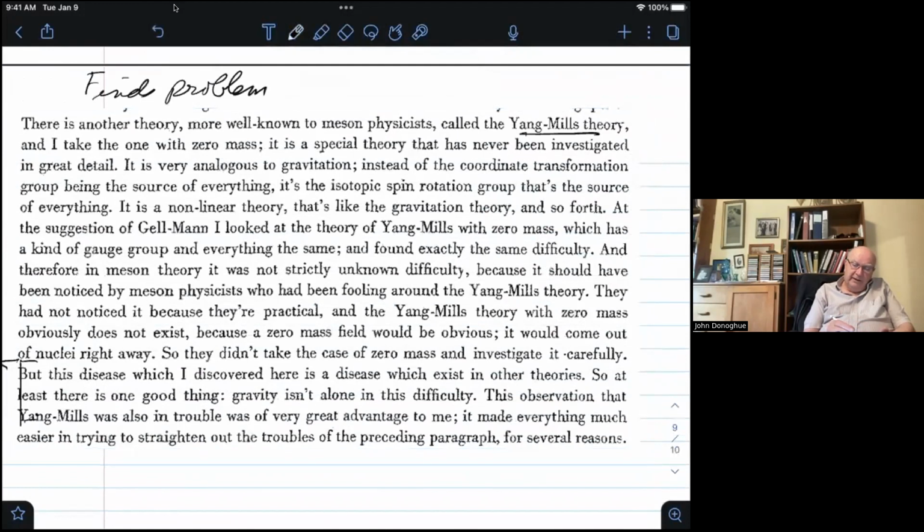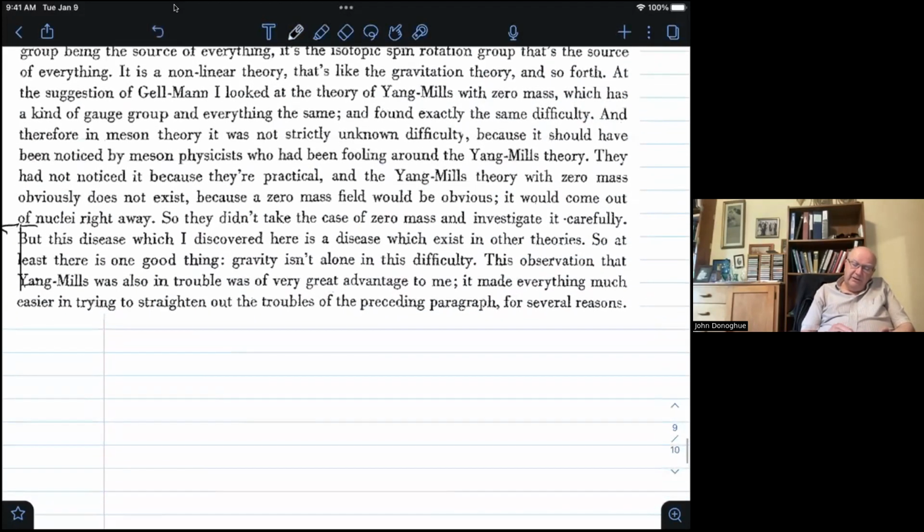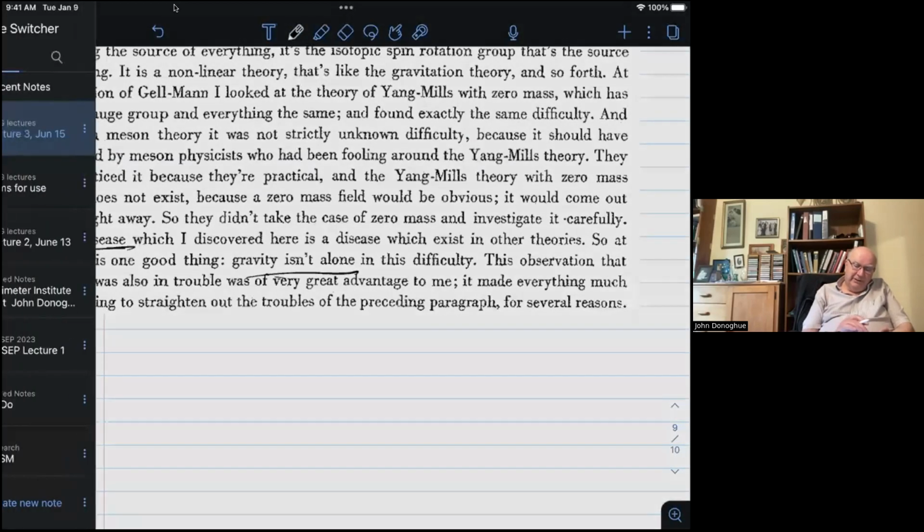I'll explain that in a second. In general relativity and Yang-Mills, he notices that he has a little disease. The calculations in general relativity don't seem to work this way. So even though he has this theorem, it doesn't seem to work. He has a disease, and gravity isn't alone. Yang-Mills has it also. Okay, so what does he do?